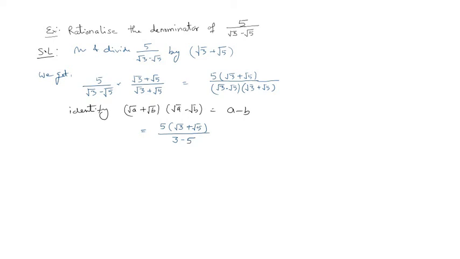So we will get 5 times square root of 3 plus square root of 5 divided by minus 2. We can also write it as minus 5 by 2 times square root of 3 plus square root of 5. This is its simplest form.